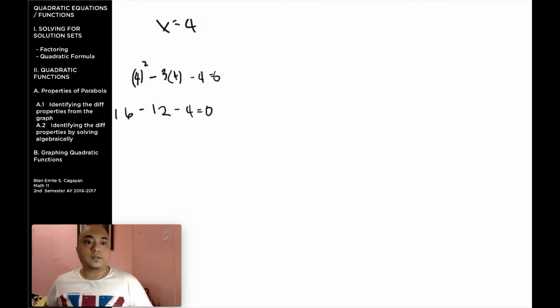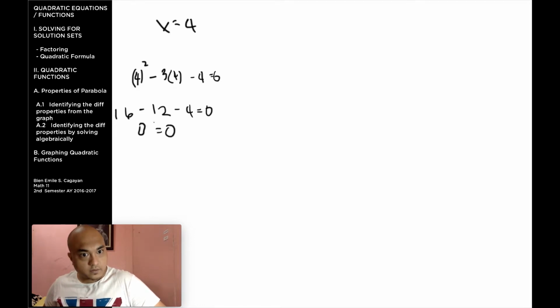This one is 16 minus 12 minus 4 should equal 0. We know that 16 minus 12 is 4, minus 4 is equal to 0. So 0 is equal to 0. So we now know that this value, 4, is a solution of our equation.